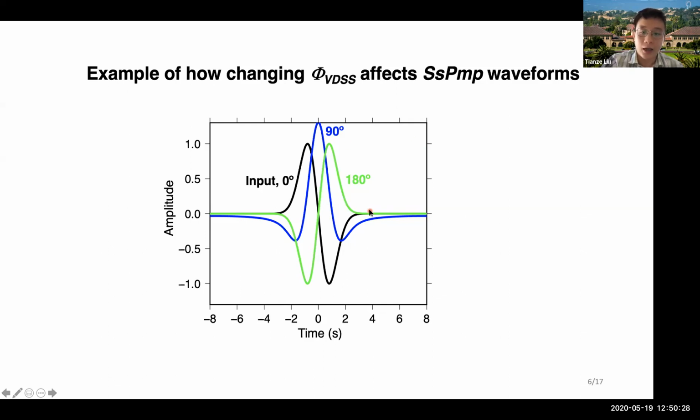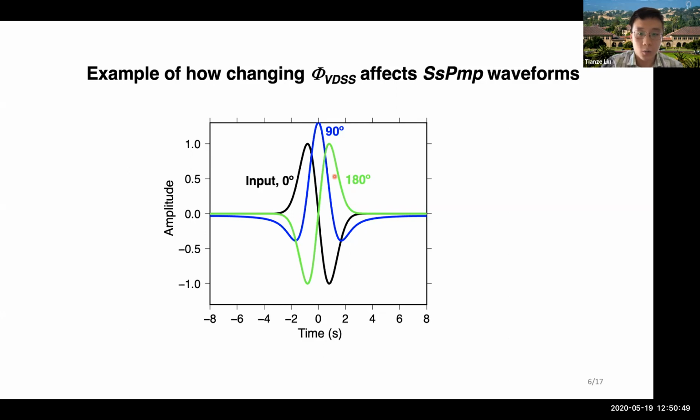And I hope you can bear those features in mind, because those are very important for you to understand the later part of my talk, which is about different phase shifts applied to the direct SS arrival.